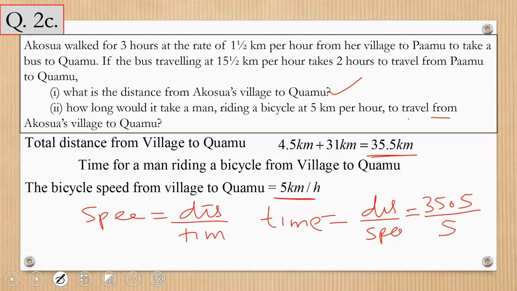If you do the division very well over here, you end up getting 71 over 10 hours, or we can just write 7.1 hours, or we can also say 7 hours 6 minutes.